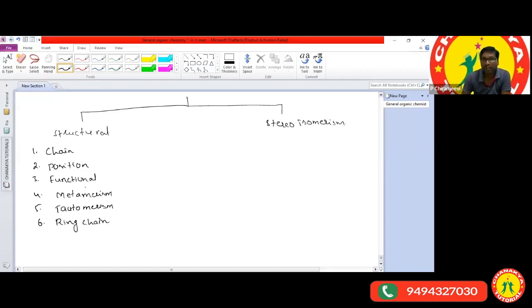All these are the different types of structural isomerism. Next we will study them in depth, starting with chain isomerism.